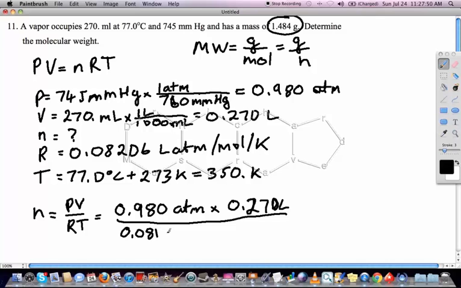Divided by 0.08206 liters atmospheres per mole per Kelvin. Times the temperature, 350 Kelvin.